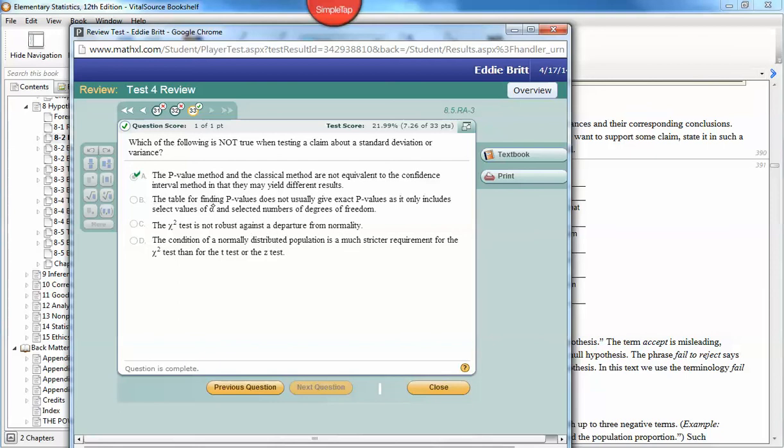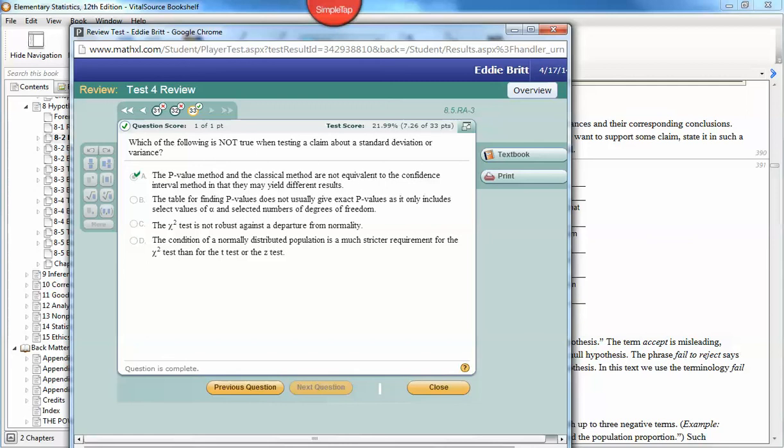Yes. The table for finding p-values does not give exact p-values, as it only includes select values of alpha and selected numbers of degrees of freedom. Yes. The p-value method and the classical method are not equivalent. Whoa, I could stop right there. The p-value method and the classical method are equivalent, so that is not true.